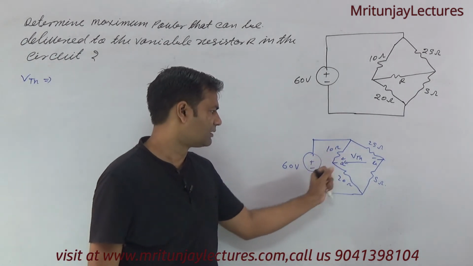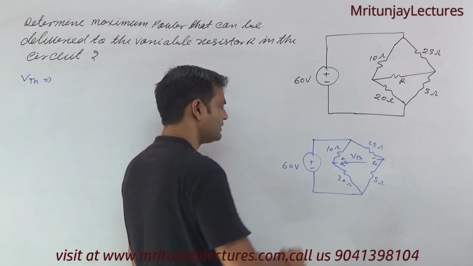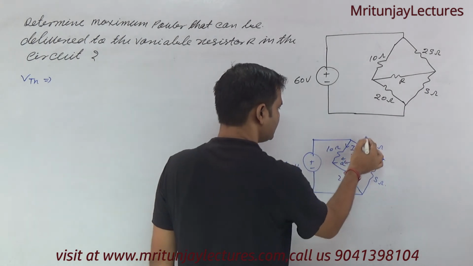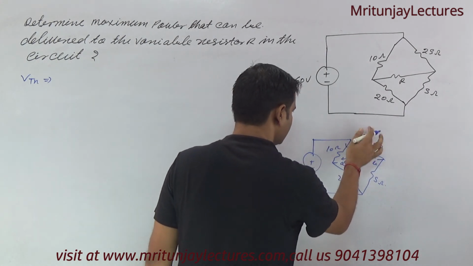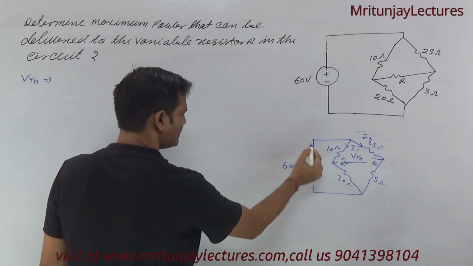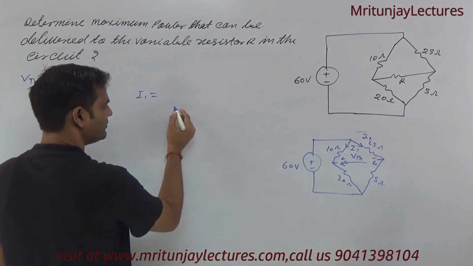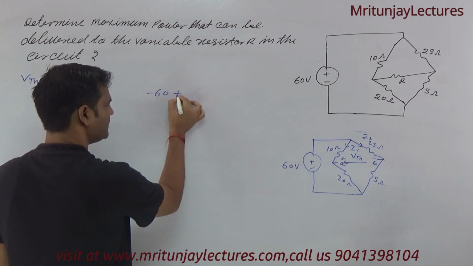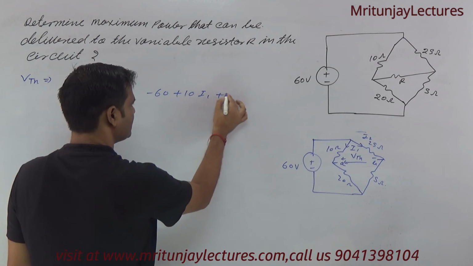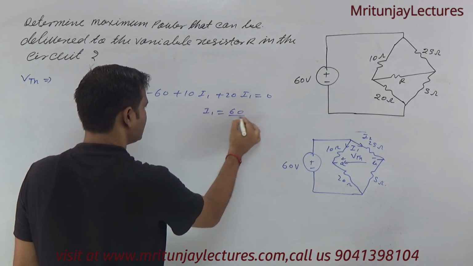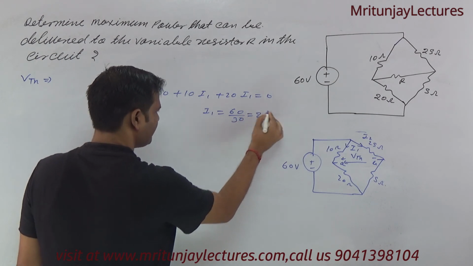Now suppose that in this branch the current is I1 and in this branch the current is I2. What about I1? Going minus to plus, if any doubt then follow the procedure, minus 60 plus 10 I1 plus 20 I1 equals 0. So I1 equals 60 divided by 30, that is 2 ampere.